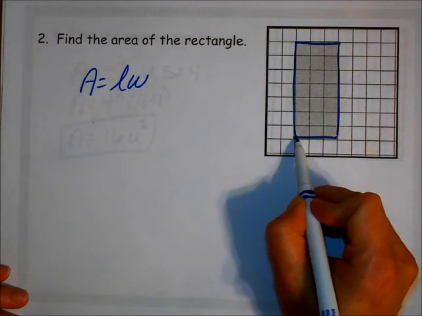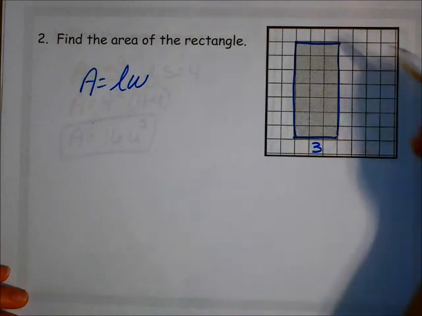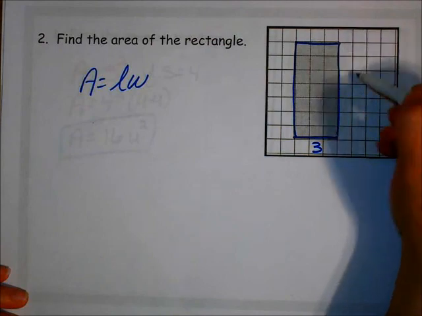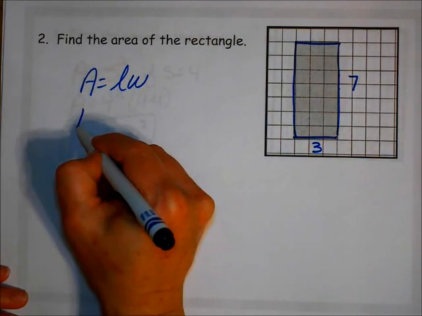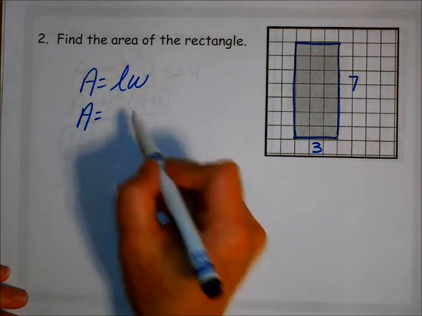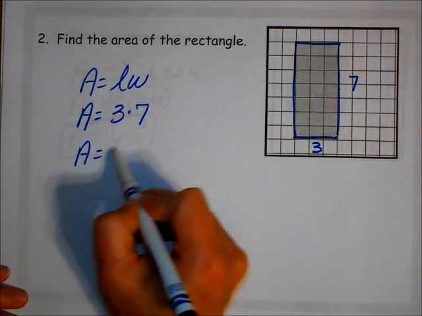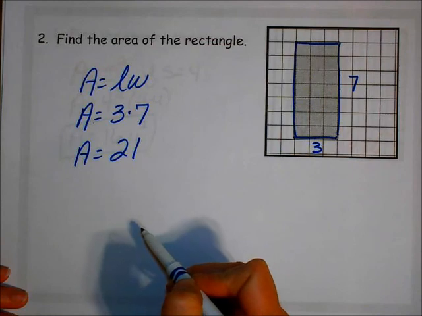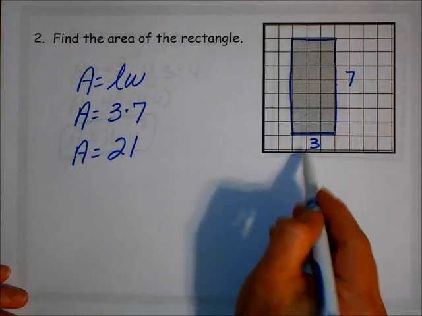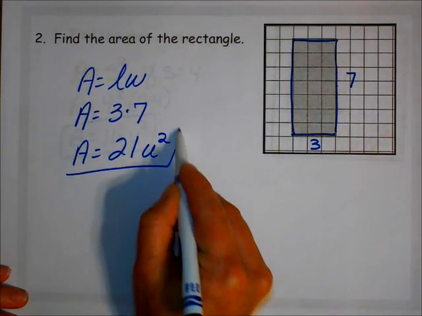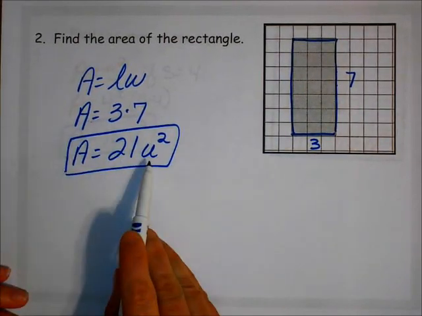So I have a length of 1, 2, 3, a width of 1, 2, 3, 4, 5, 6, 7. So I'm going to plug in my length and width. So I'm going to say 3 times 7. So the area of my rectangle is 21. I have to label it. I don't know what each unit is, so I'm just going to put a U for units. So it is 21 units squared.